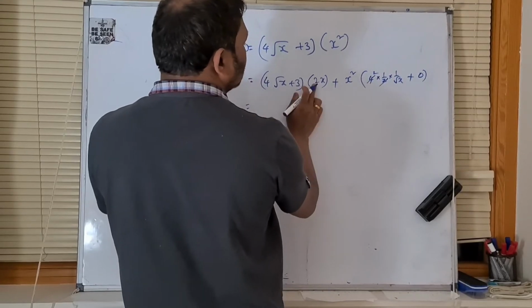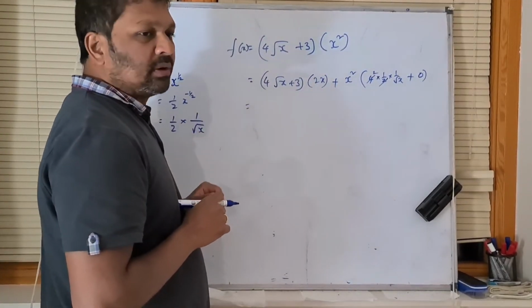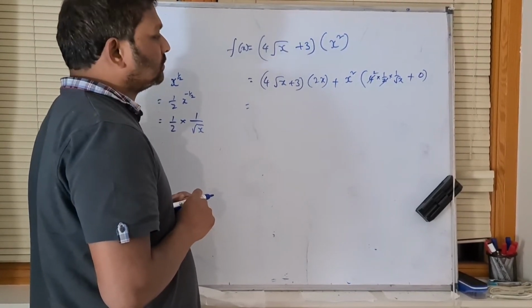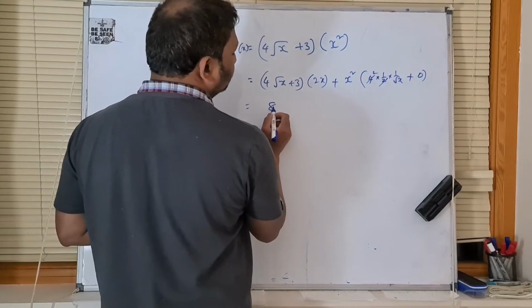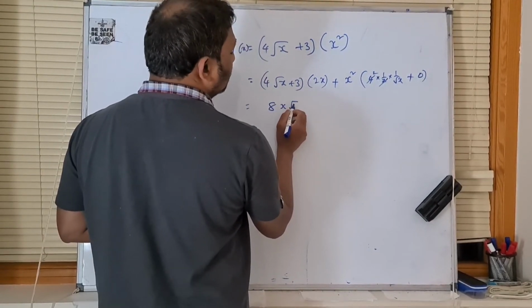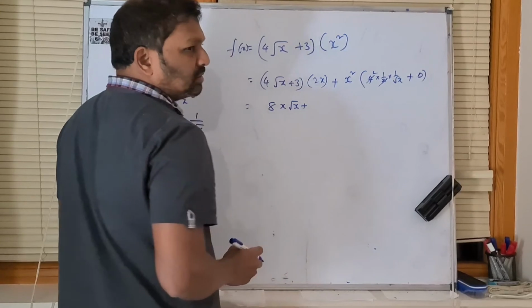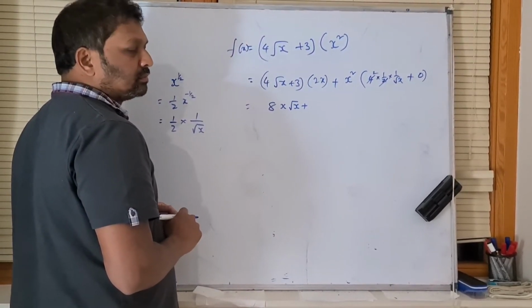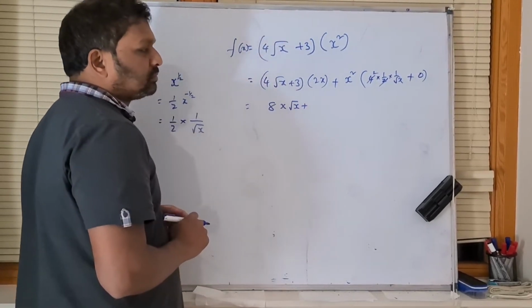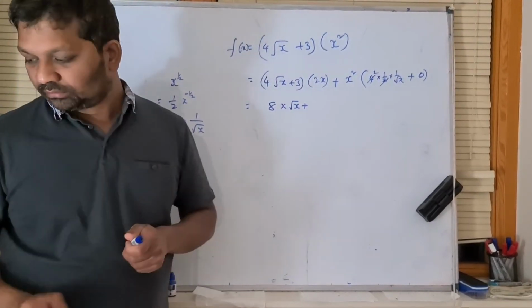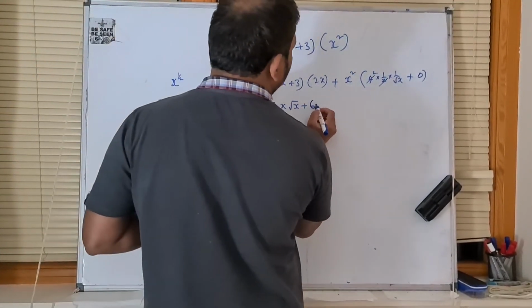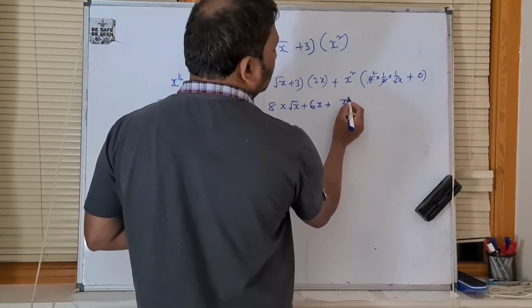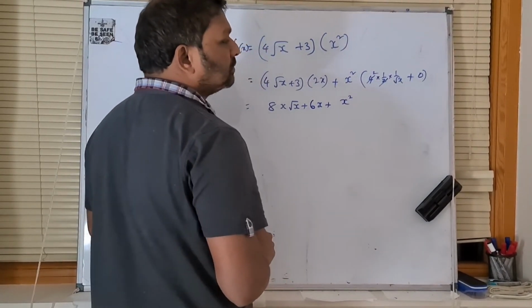What is the simplification of this one? 8x root x plus 3, wait, sorry, 8x root x plus 6x, and x squared.